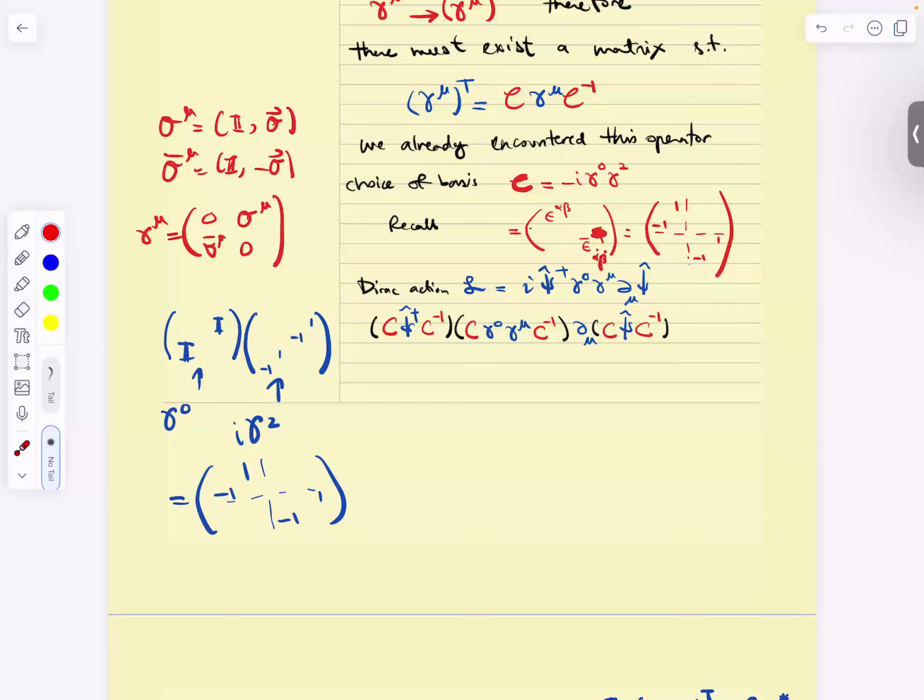I said I could take some chi alpha and raise this index using epsilon alpha beta, and that's a new spinor. That is this spinor after the operation of charge. Spinor was an irreducible representation. After the action of charge it is still an irreducible representation because it's a symmetry of the gamma matrices. Good.